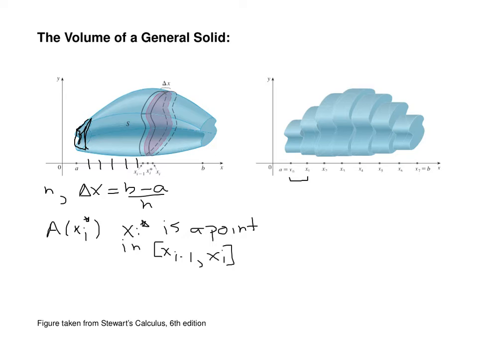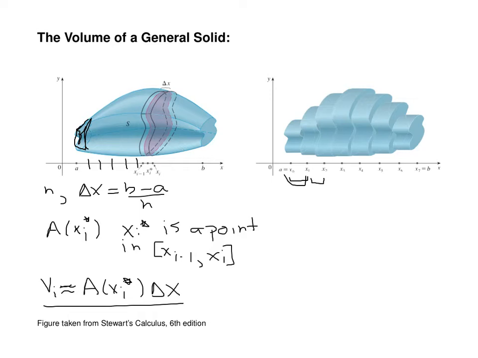So x sub 1 star is some point between x0 and x1, x2 star is somewhere between x1 and x2. And then the volume of a particular slice, we'll say V sub i, will be about equal to A of x sub i star, that's the area of the base, times the height, which is delta x. That tells us the approximate volume of a slice.